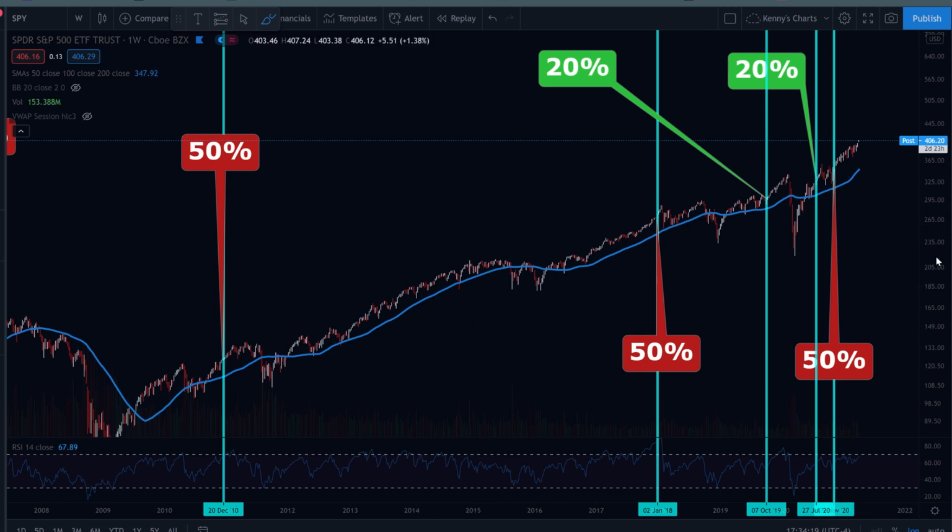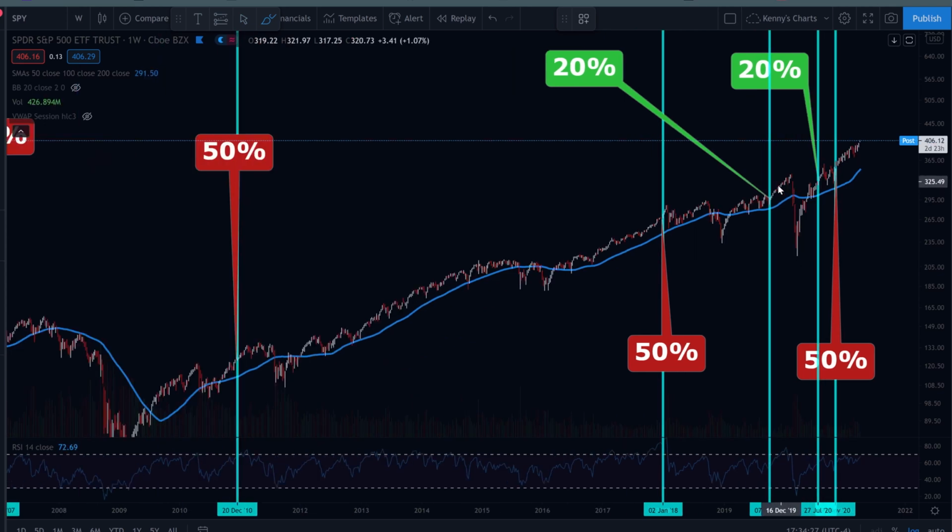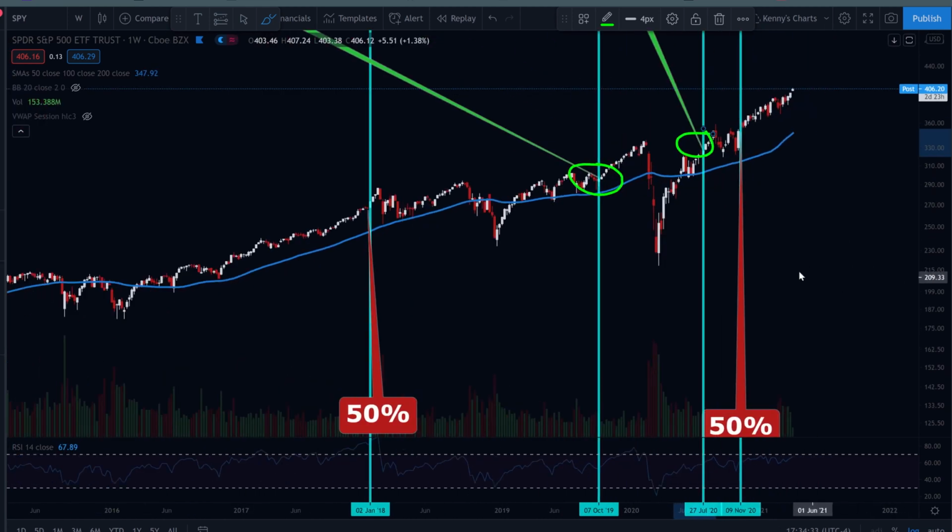Now, I'm not saying that this bull run is over, but I definitely think we need to think about how we're playing this. And then for these other signals, these 20%, the last two have been some very strong signals for risk on. As you can see here, if you regress this whole COVID-19 area, we definitely got a very strong 45-degree trend up, and I would suggest pretty much the same thing here on this second signal at 20%.